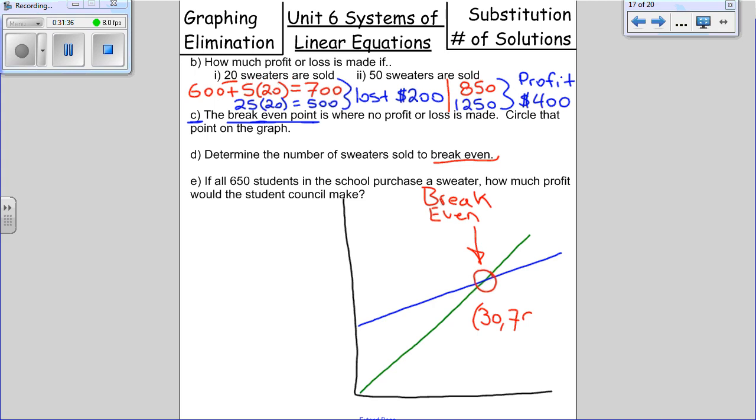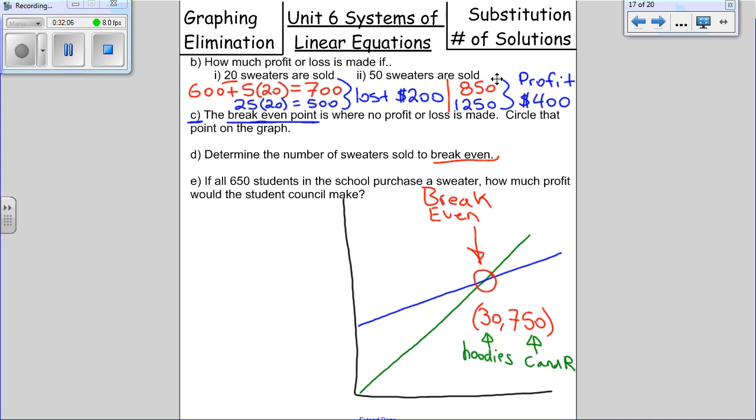It means that when you sell 30 hoodies, your cost and revenue are both 750. That's your break-even point. $750. Or 30 hoodies sold. Right? Depends how you want to look at it.